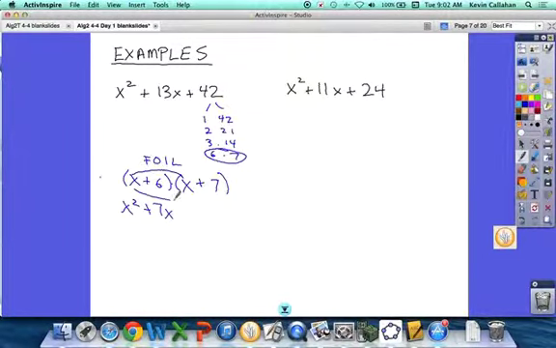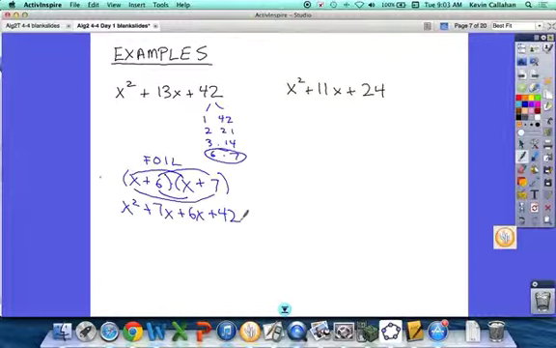That would be the x times 6, or 6 times x. That's 6x. And then you would do the last terms in parentheses, which would be 6 times 7. And that is 42. And then you have two like terms, 7x plus 6x, which is 13x.